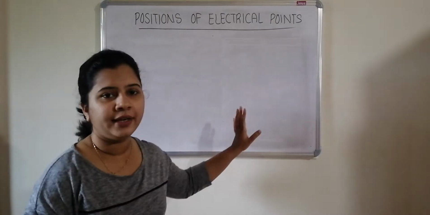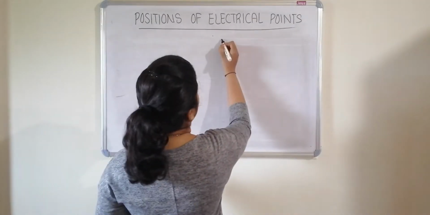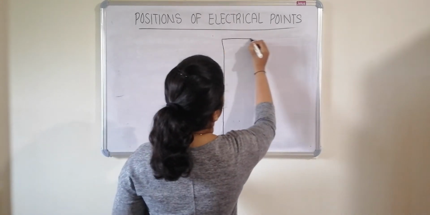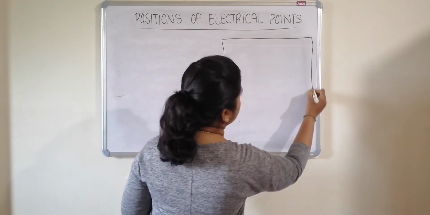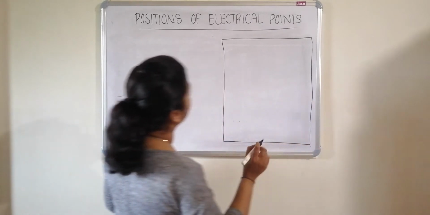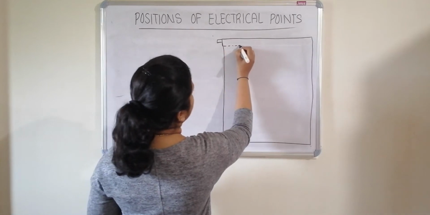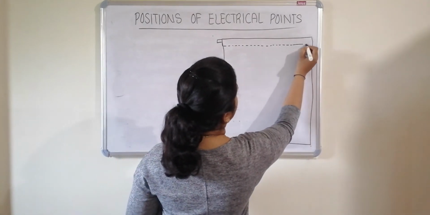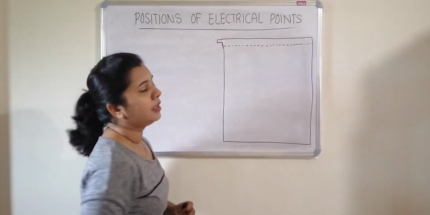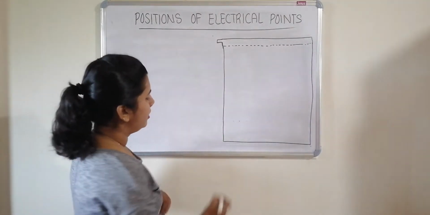So first I draw the elevation of a wall here to show the heights. Now this is your wall, this will be your slab and this will be your beam. Now whatever height I am going to tell you will be from the finished floor level.